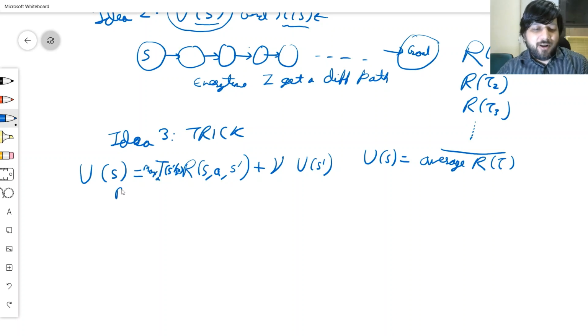This is what we called the Bellman equation. It specifies a constraint between an entity and all its possible successors.